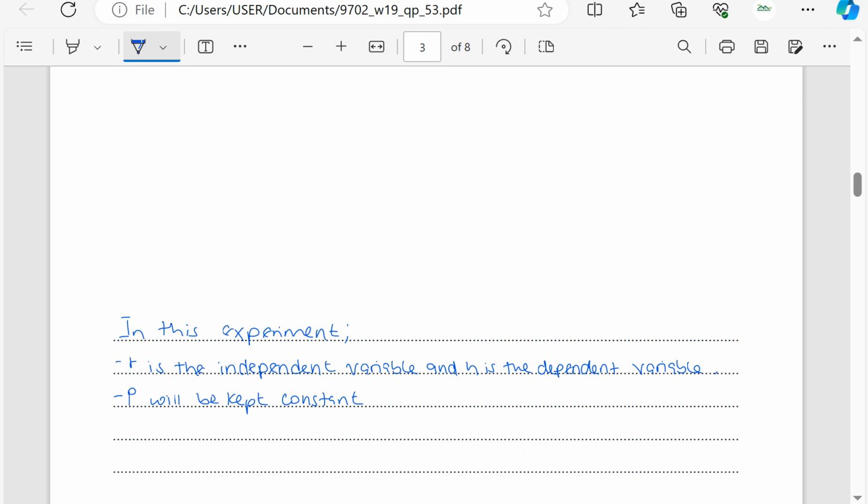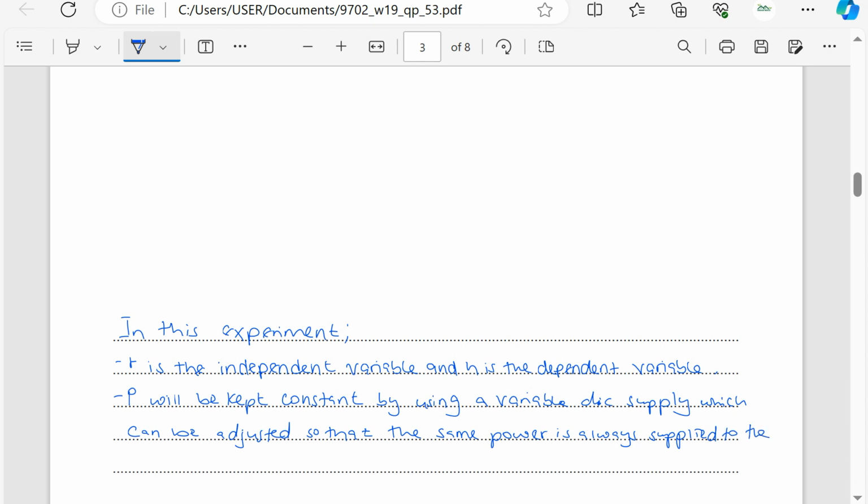I will use a variable DC supply, which can be adjusted so that the same power is always supplied to the motor. So I want the same power to always be supplied to the motor.